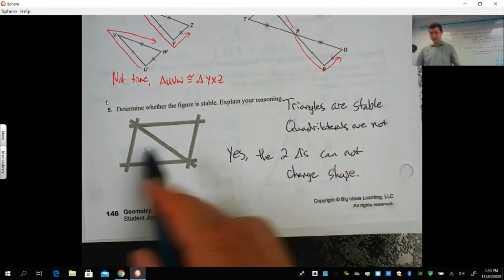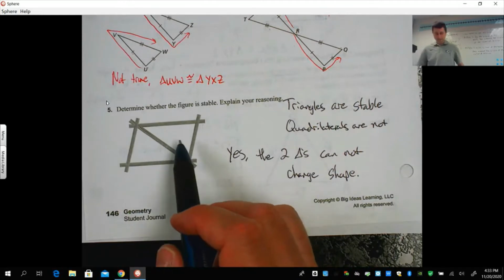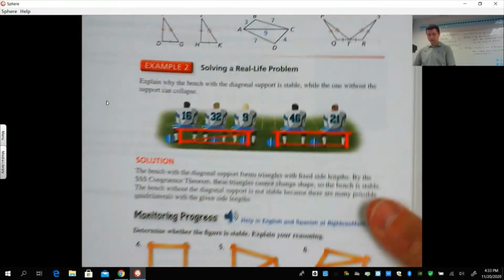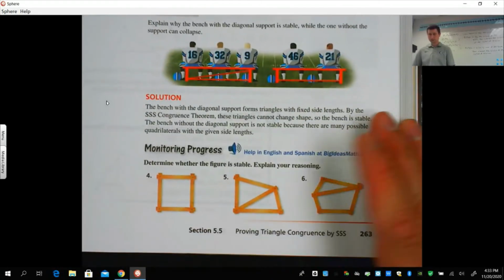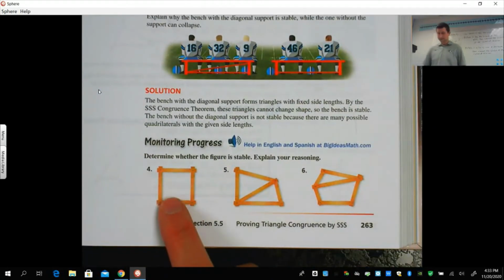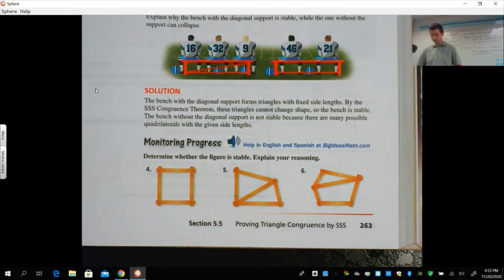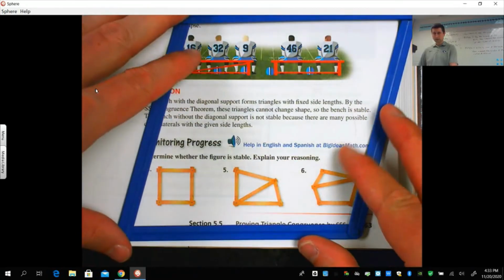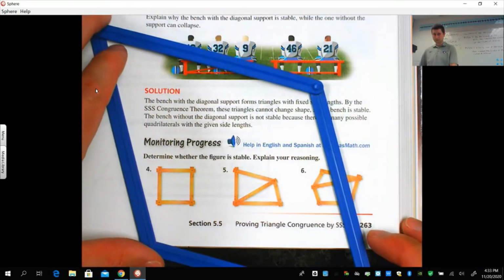They're going to stay that size. There's a couple other examples here that we've already kind of talked about. This is from the textbook, page 263. Is this stable? Well, we already saw this. When you have a square, it is not stable, because there are different shapes they can get with those four lengths. Not stable.